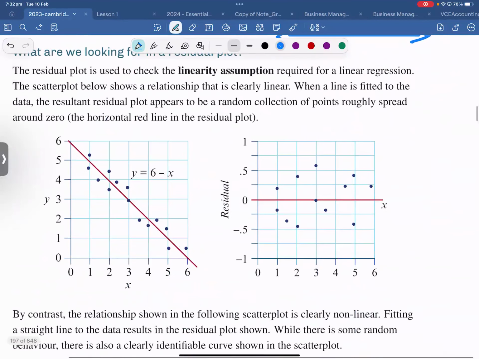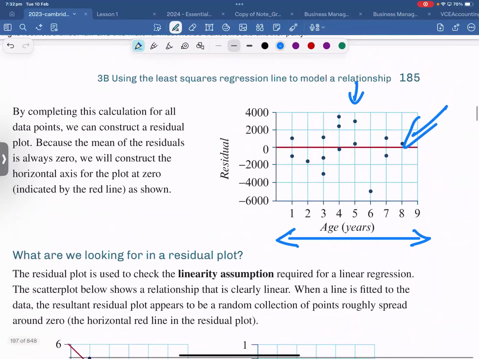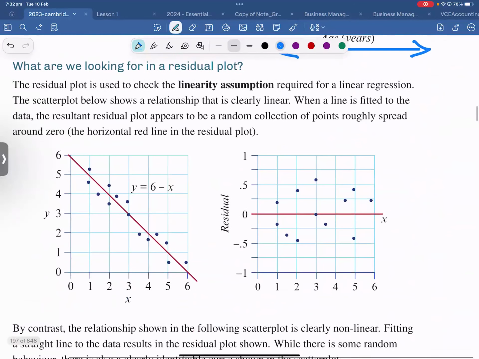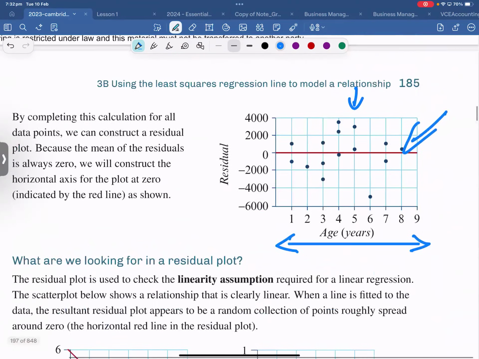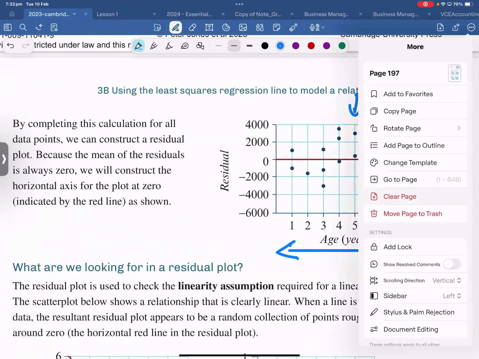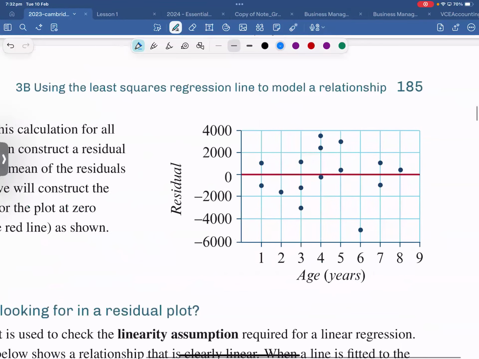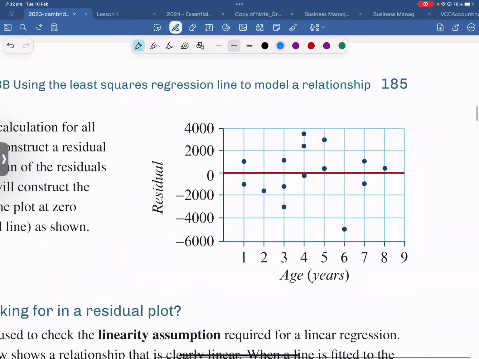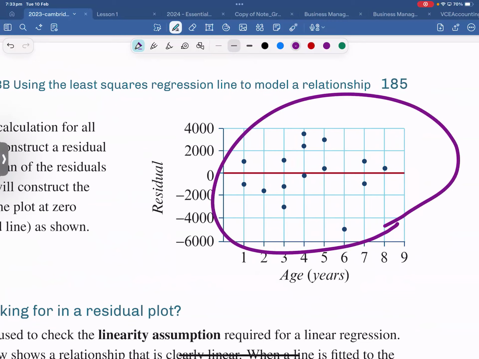Or is it the same thing here, I think they have drawn? No, it's a different one, yes? Now look at this one. This one, guys, is for the regression we drew for the car prices and their age. Now see, can you see any clear pattern in the residual plot?